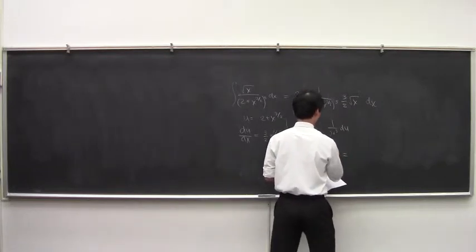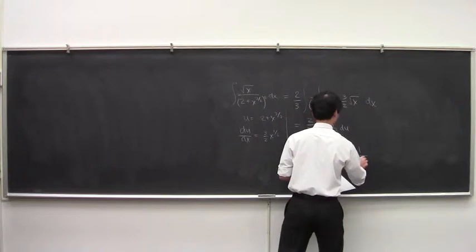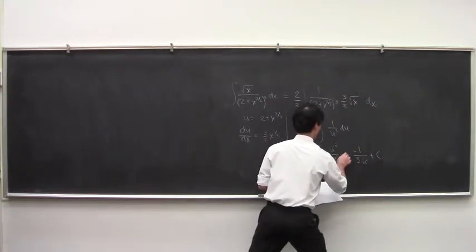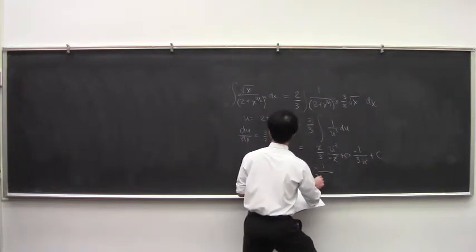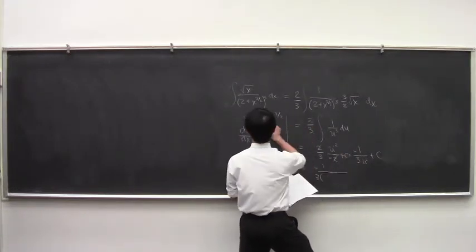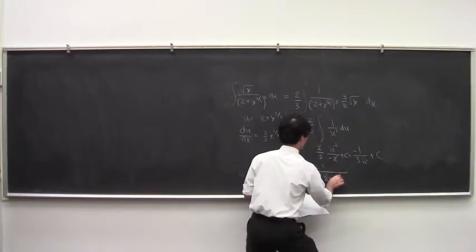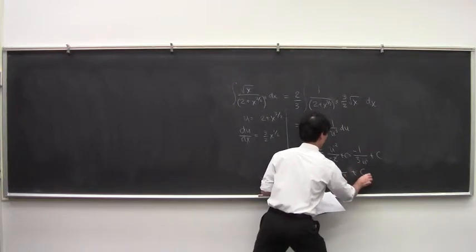In other words, negative 1/3 u squared plus c. In other words, negative 1 over 3 u squared, where u was this thing, (2 plus x to the 3 halves) squared, plus c.